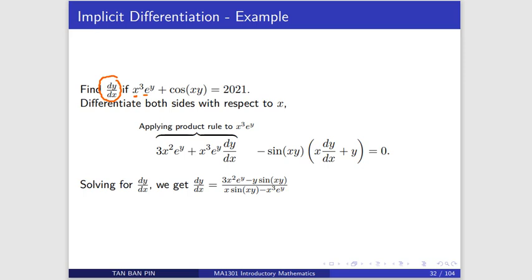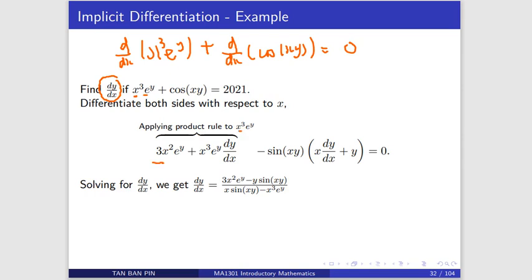Okay, so you need product rule. That means you differentiate x cubed e power y plus differentiate cosine xy equal to differentiate 2021, which is 0. You use product rule. You differentiate x cubed, you get 3x squared, and keep e^y.